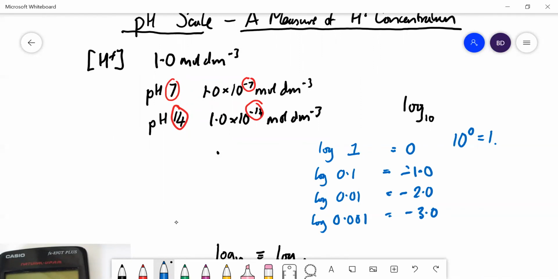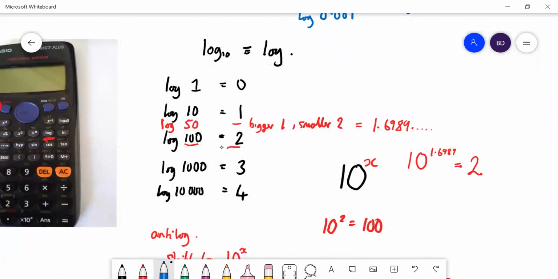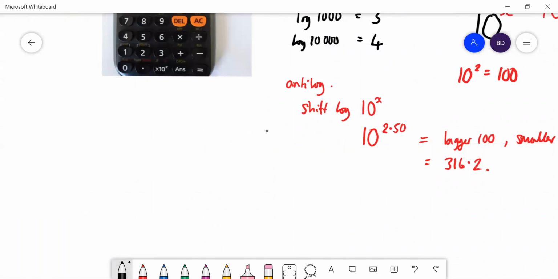Okay, so most of our H plus concentrations are less than 1 mole per decimeter cubed. So we need to think about that. Now, the formal definition of pH is this then. pH is equal to the minus log to the base 10, which you leave the 10 out, of the hydrogen ion concentration.